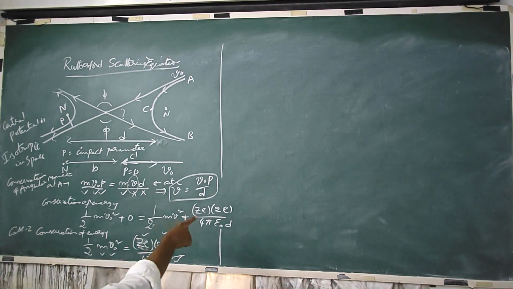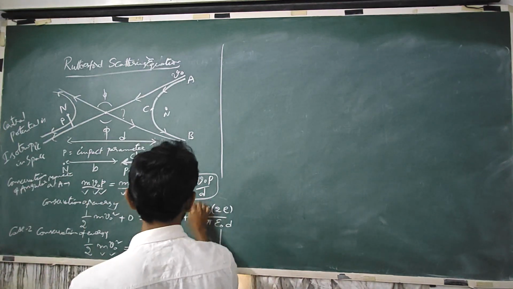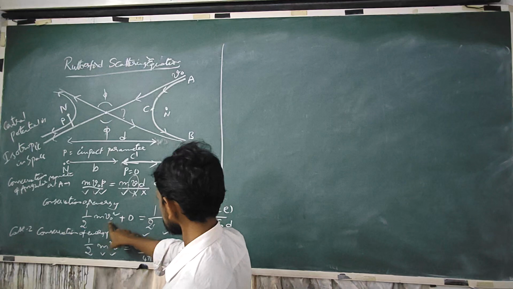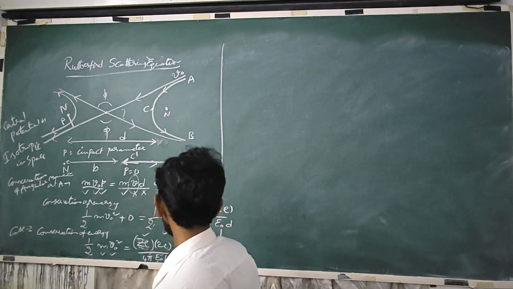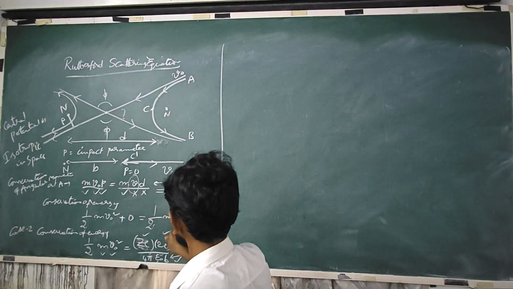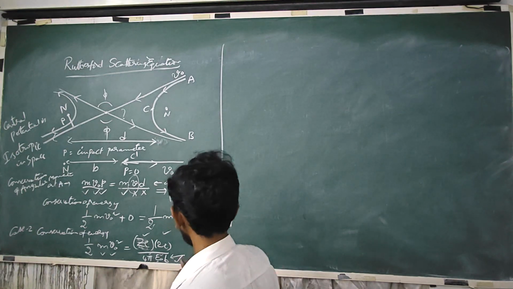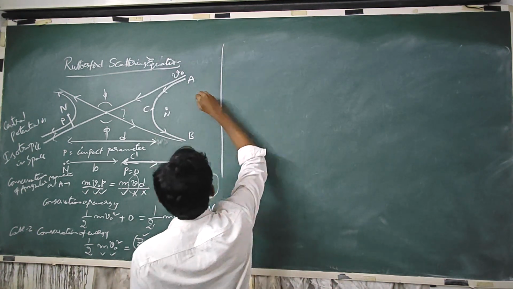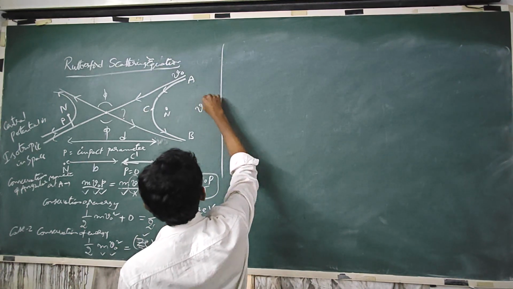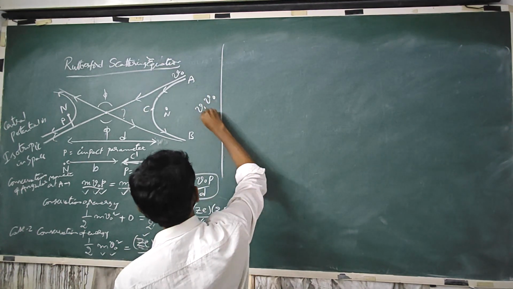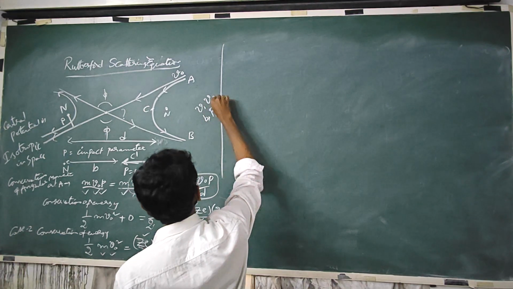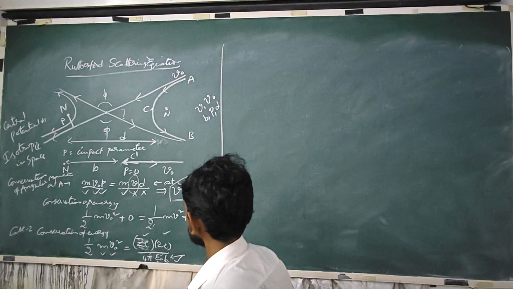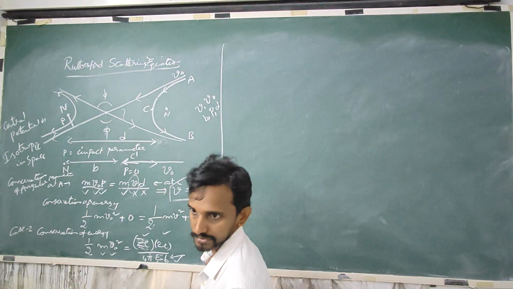Jd, 2e, 4 pi, epsilon naught, all these are constants. What are the variables? M is also a constant. V naught may be a variable, and this V should be avoided, B and D. So how many things are there? V, V naught, B, P, D. Rest are constants.